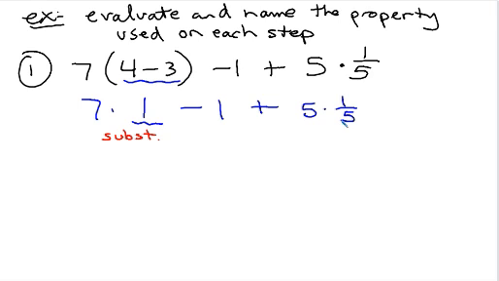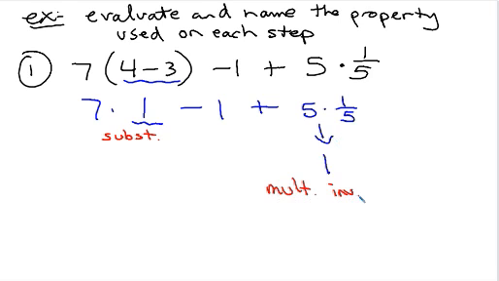Which property says that 5 times 1/5 is 1? Multiplicative inverse. So now this thing becomes 1, and what said that I could do that is the multiplicative inverse property. You can abbreviate like I did.